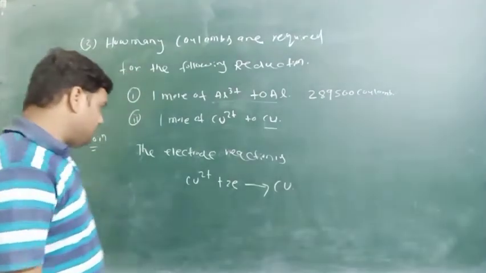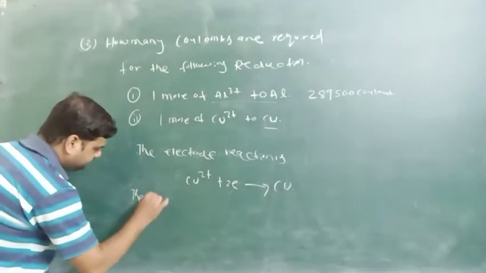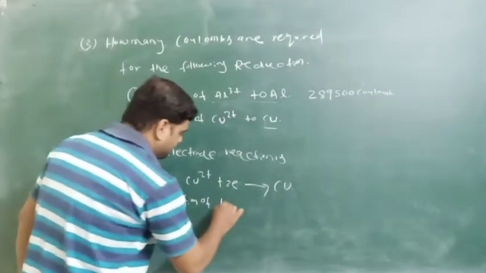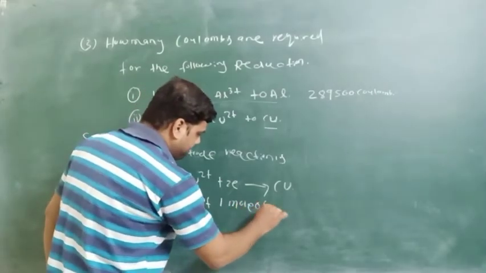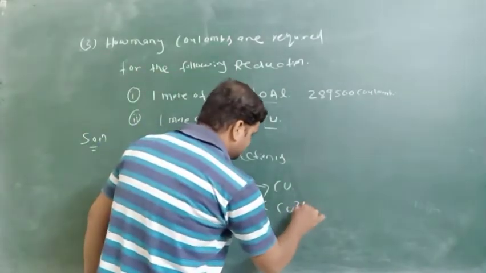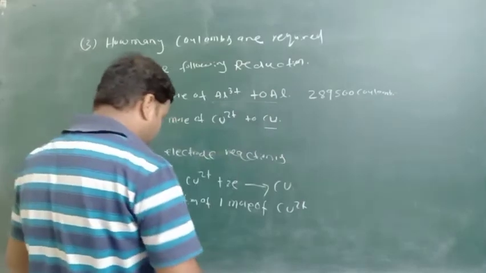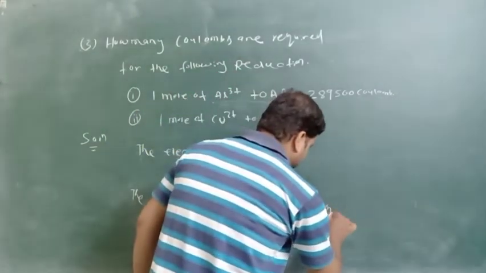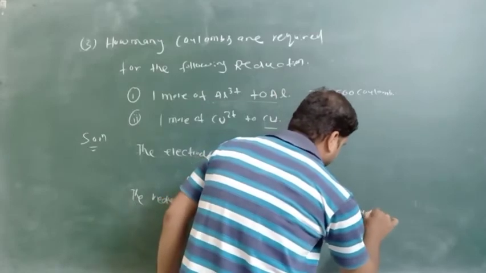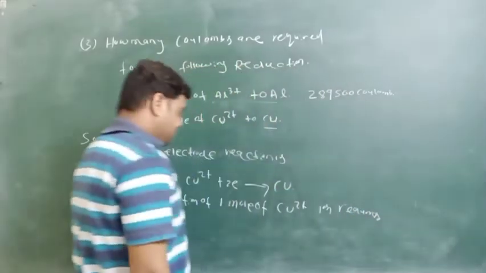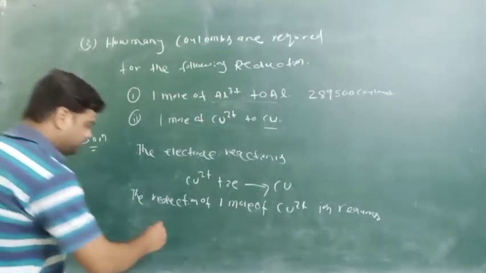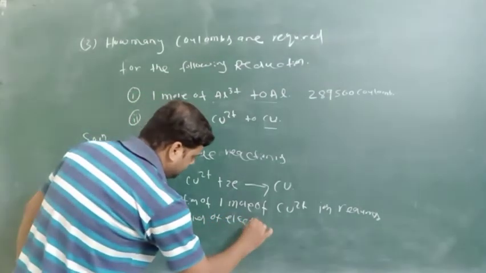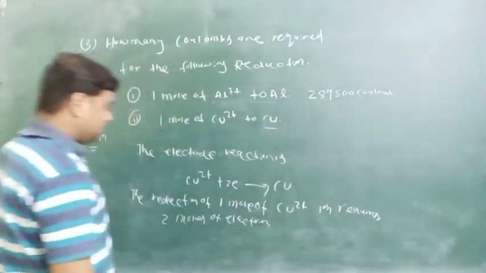The reduction of 1 mole of Cu2+ ion requires 2 moles of electrons.